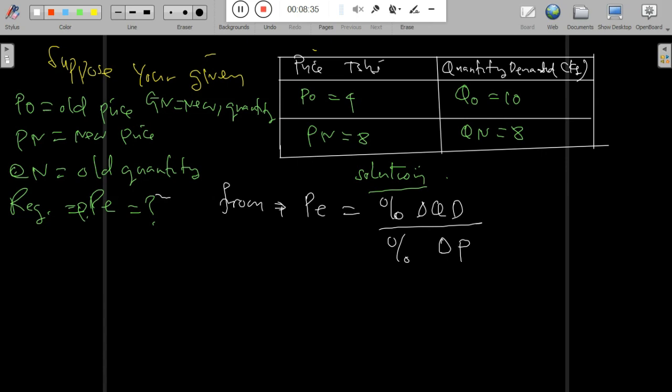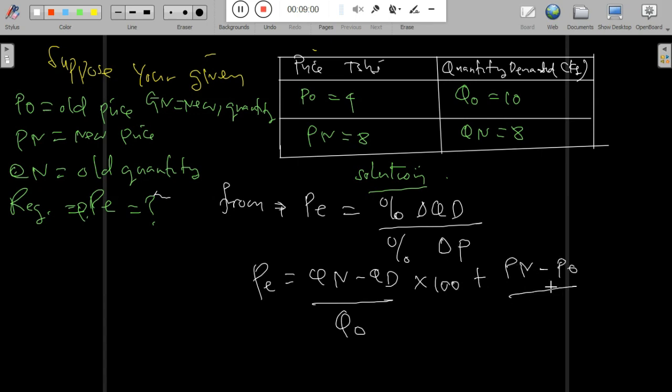So when we apply the mathematical formula and solve the equation, we will have Qn minus Qo over Qo times 100, over Pn minus Po over Po times 100.